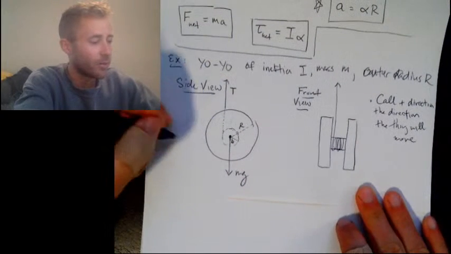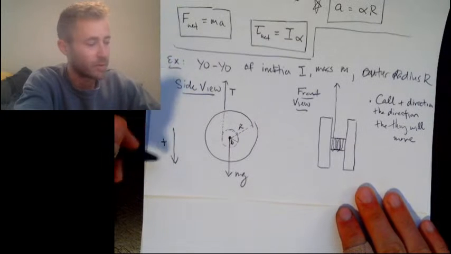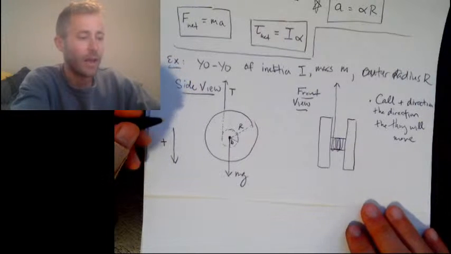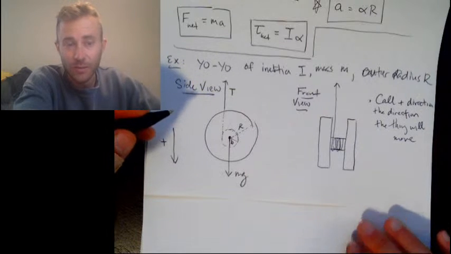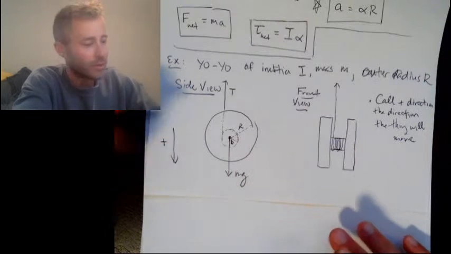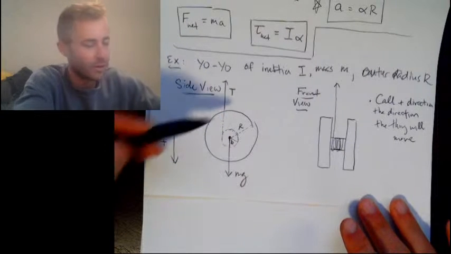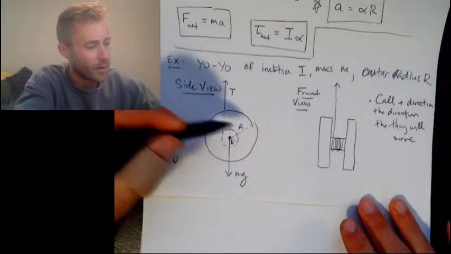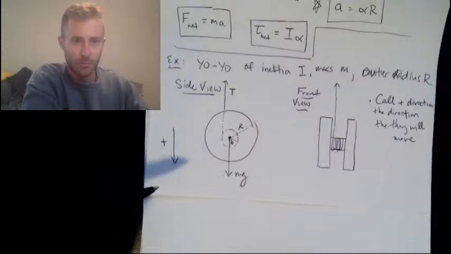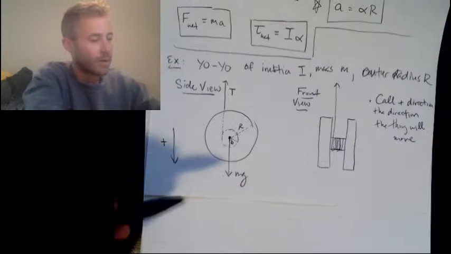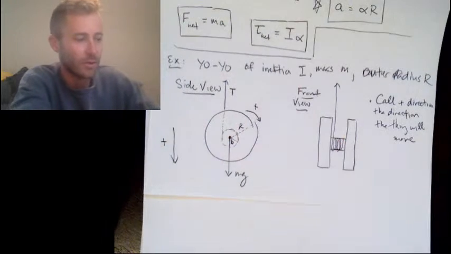So I'm going to call the positive direction to be downward, okay? And then I'm going to call the positive sense of rotation to be the sense that this thing is going to rotate when moving in that direction. So I can see that if this yo-yo unwinds in the clockwise sense, it's going to move downward, okay? So I'm going to call clockwise rotations the positive sense, okay?